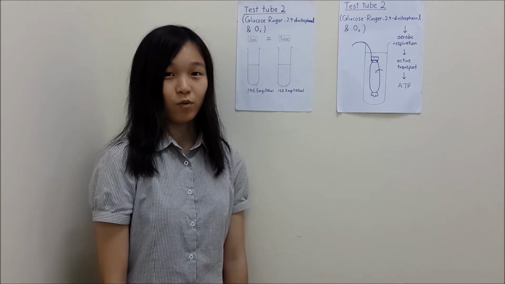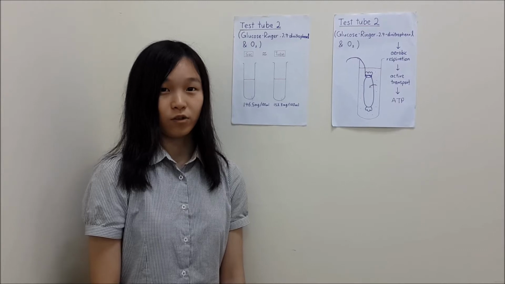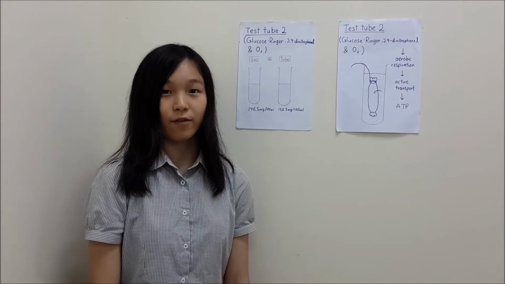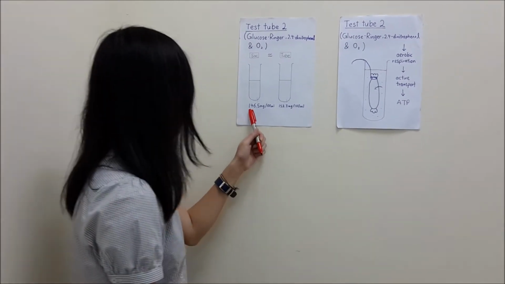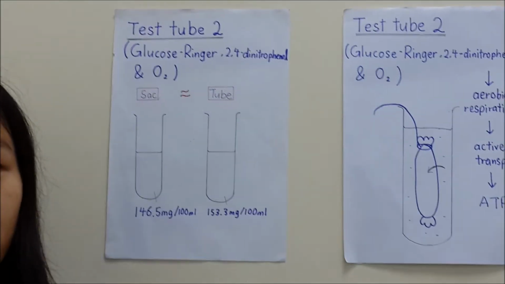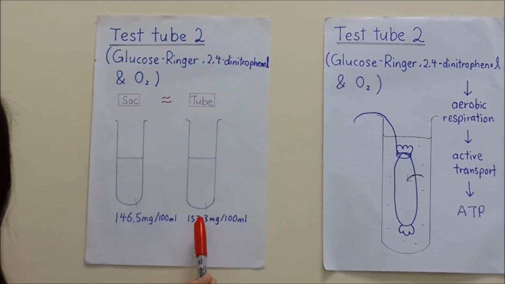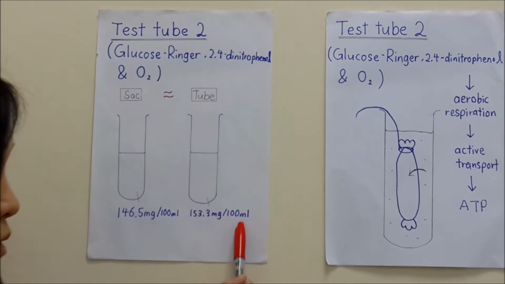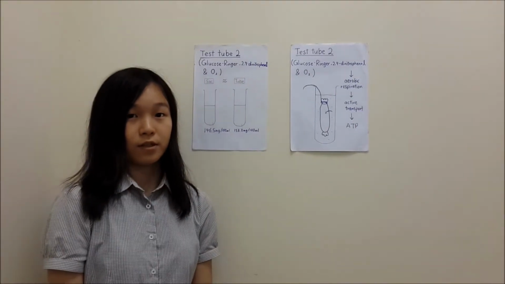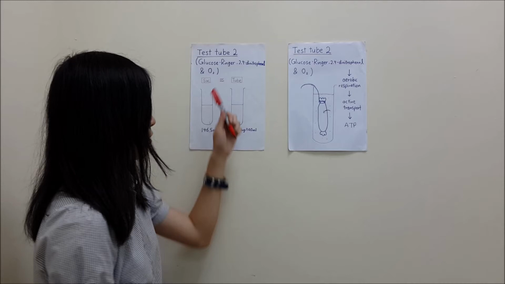In test tube 2, which contains glucose Ringer, 2,4-dinitrophenol and oxygen, the concentration of glucose in the sac we obtain is 146.5 mg per 100 ml, while the concentration of glucose in the tube we obtain is 153.3 mg per 100 ml. The concentrations in the sac and the tube are approximately the same.